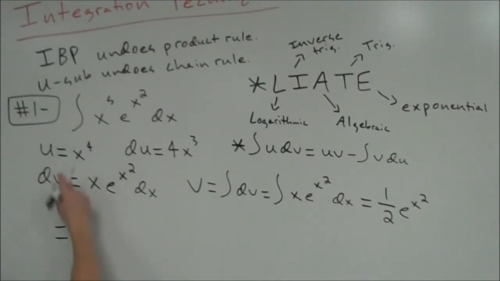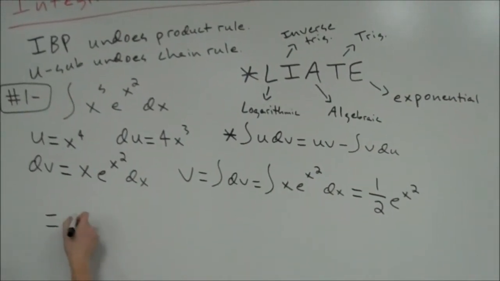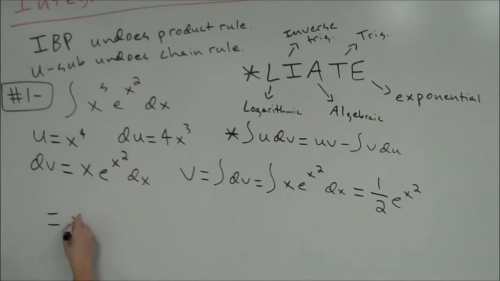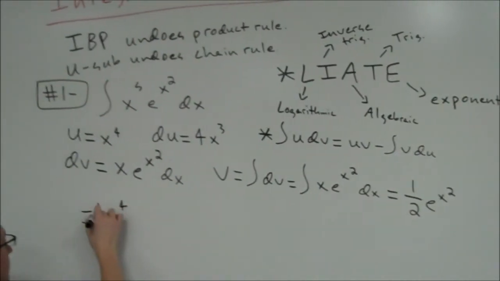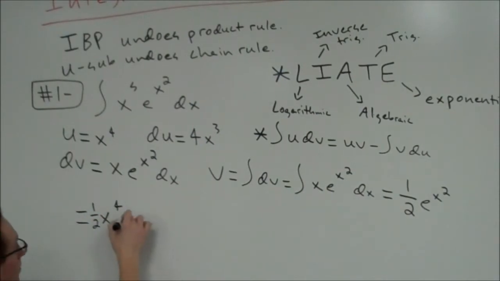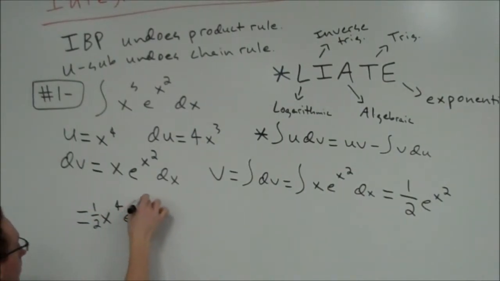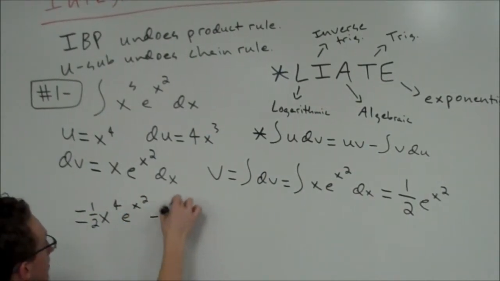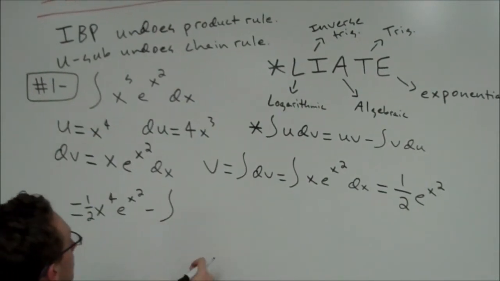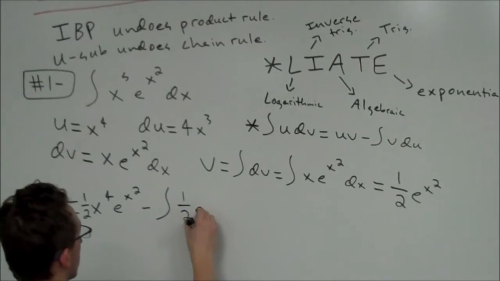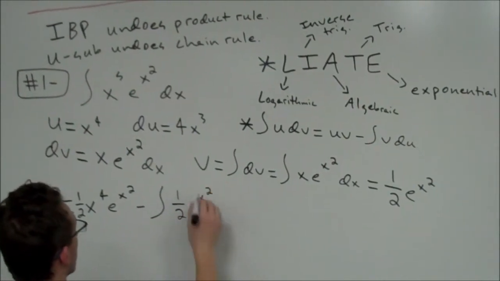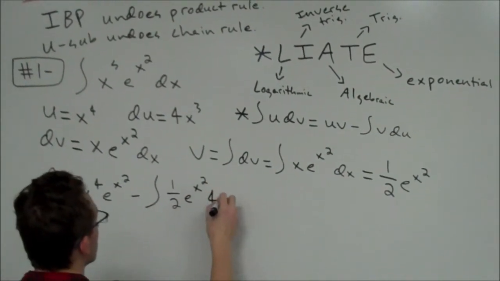So for our original integral, we got uv minus the integral of v du, 1/2 e to the x squared times du.